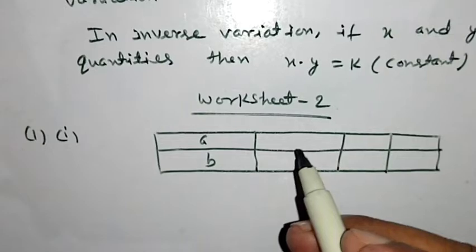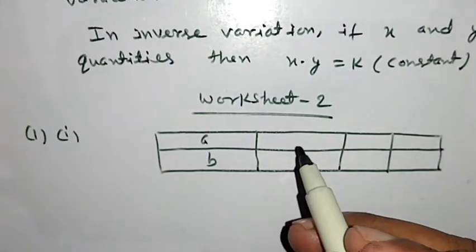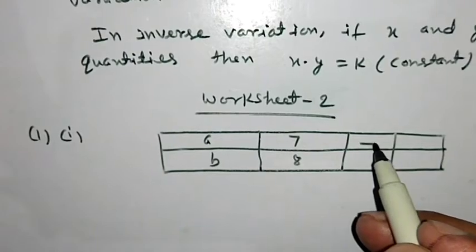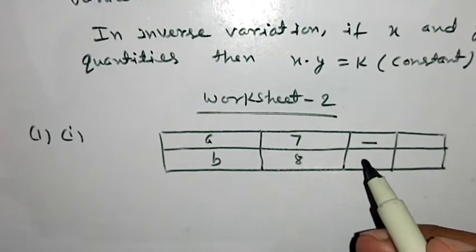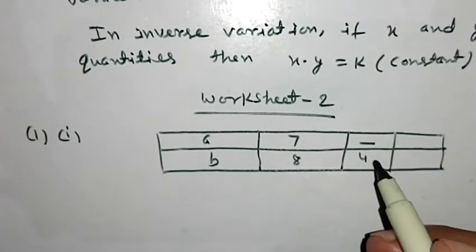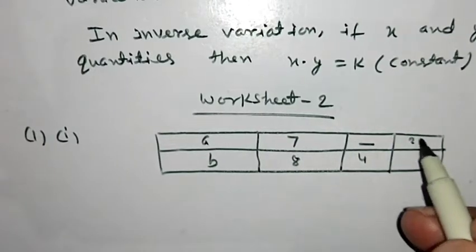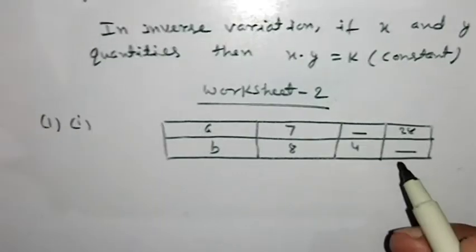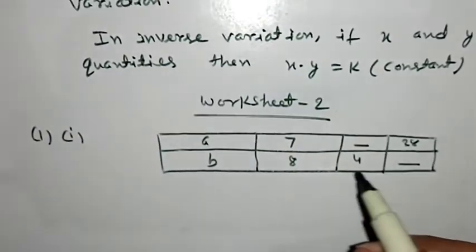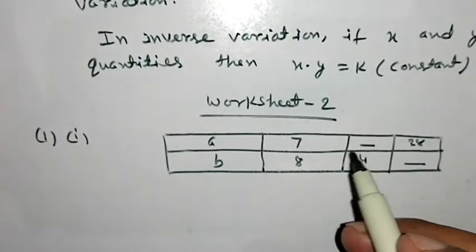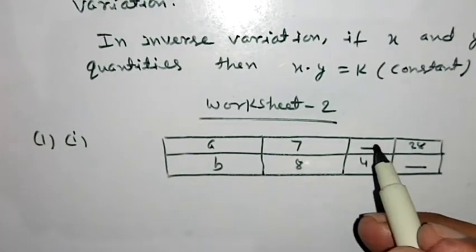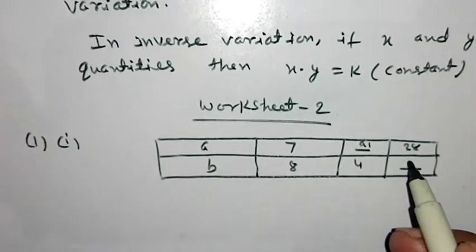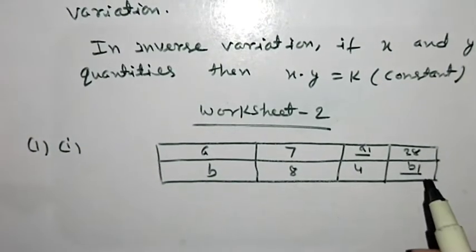A, B are two quantities: 7, 8. Here missing quantity, here 4, 28, and here missing quantity. So first of all we let the missing quantities be A1 and B1.